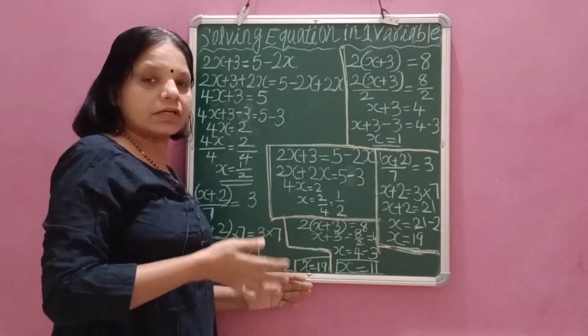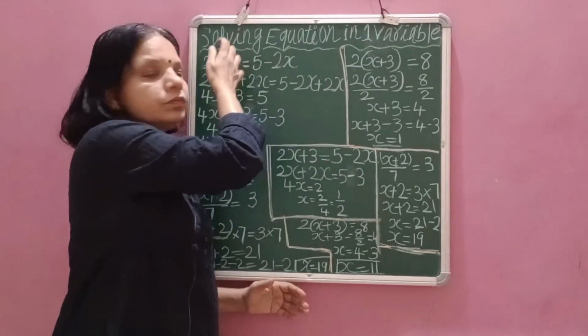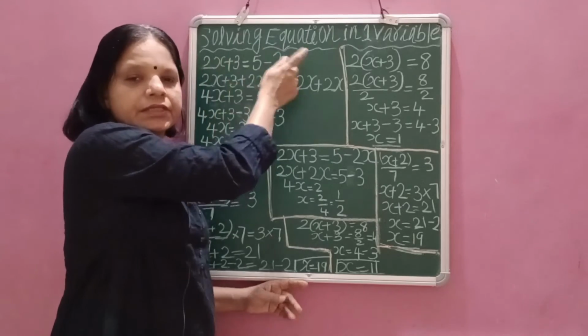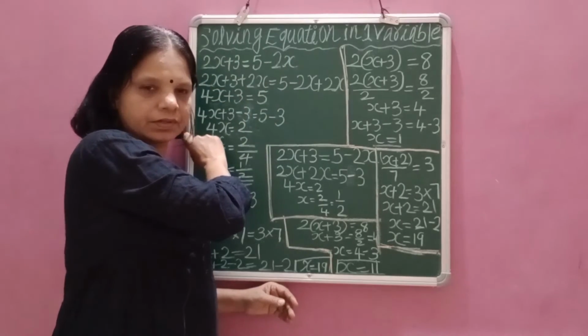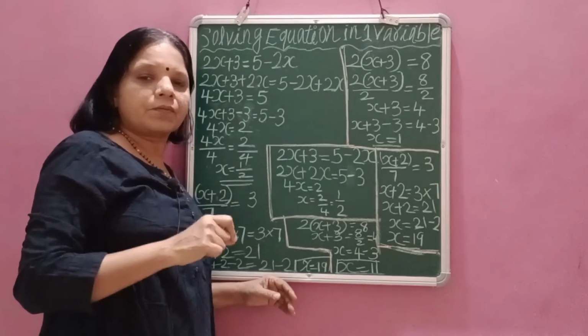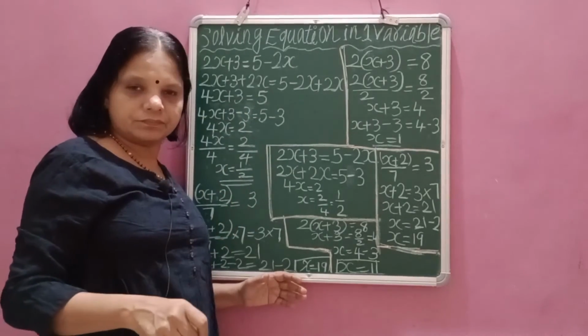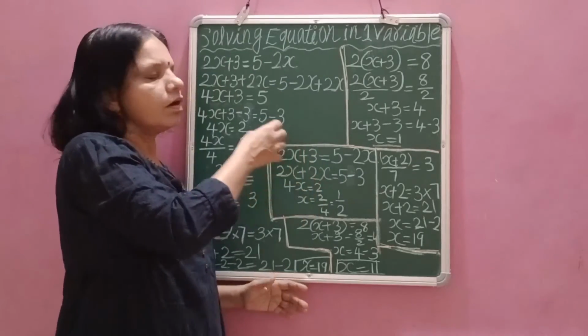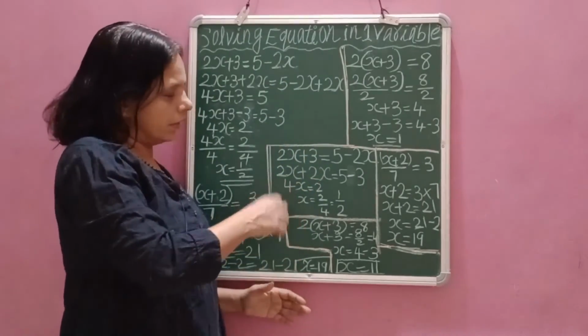So directly we can take the term to LHS by changing the sign. Clear? So that is obtained by the property of equality only. So same sum, how we will solve like that.